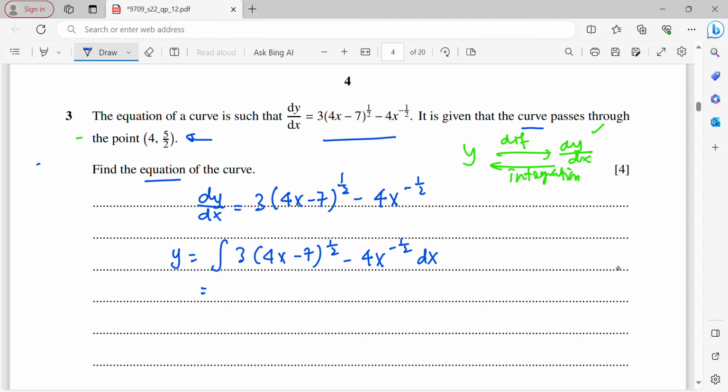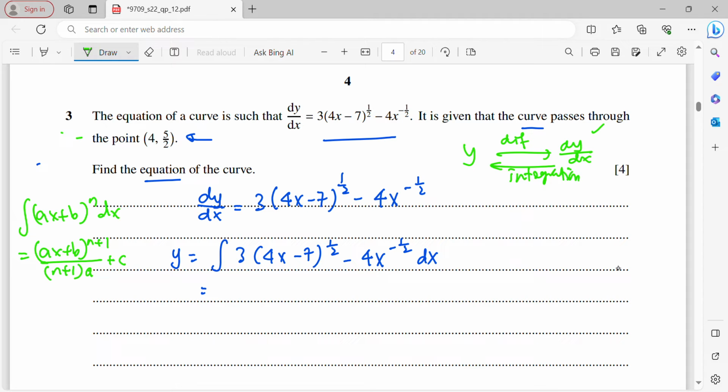When I integrate the first term, we are going to use this formula: the integral of (ax plus b) to the power of n dx is (ax plus b) to the power of n plus 1 over n plus 1. Don't forget to differentiate ax plus b, it will be a.